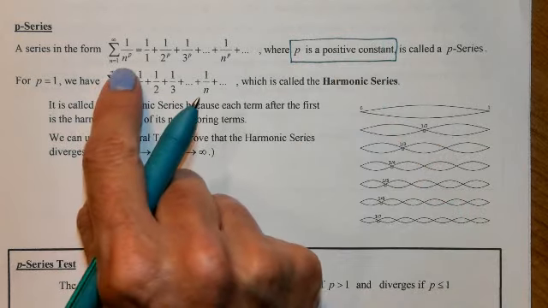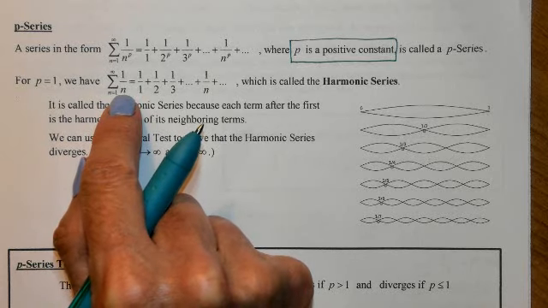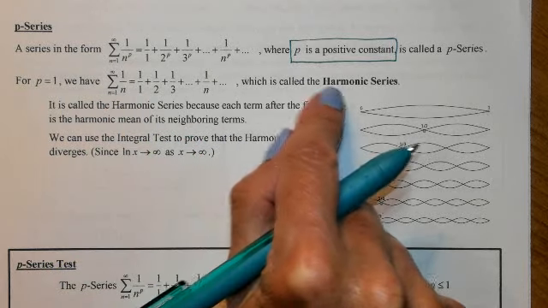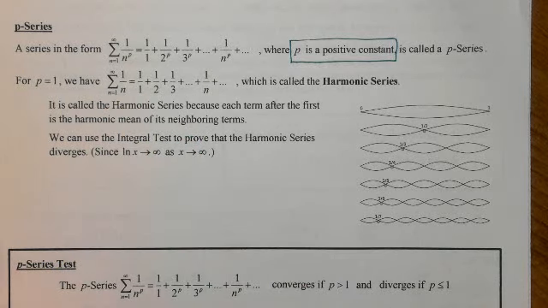If you have a series in this form, it's called a p-series, okay? When p is equal to 1, we have just 1 over n, and that is called the harmonic series, okay? There's a lot of information about harmonic series, and if you are interested in that, go and look it up. It's really interesting, okay?